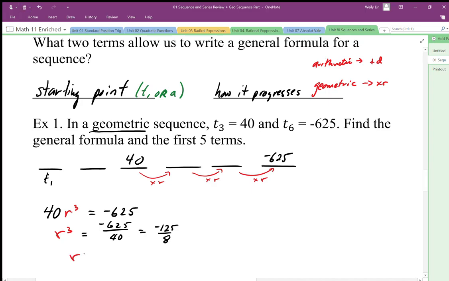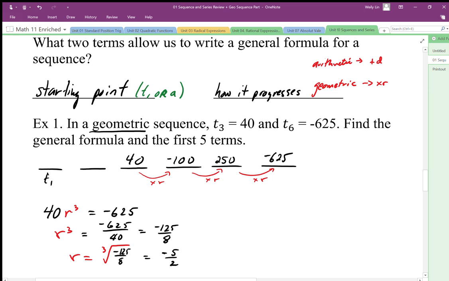So I end up with r is equal to the cube root of negative 125 over 8. That's going to give me negative 5 over 2, or negative 2.5. And I can just check to see if that works. Times by negative 2.5 is going to give me negative 100. Sorry, 40 times negative 2.5 is negative 100. Times by negative 2.5 is going to give me positive 250. Times by negative 2.5 is going to give me negative 625. Yeah, I've got the right r.